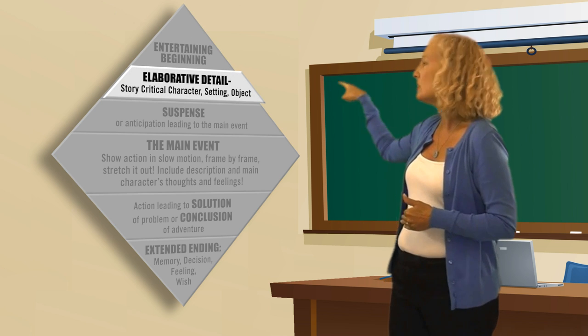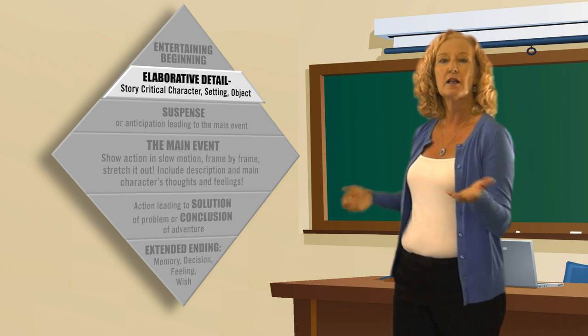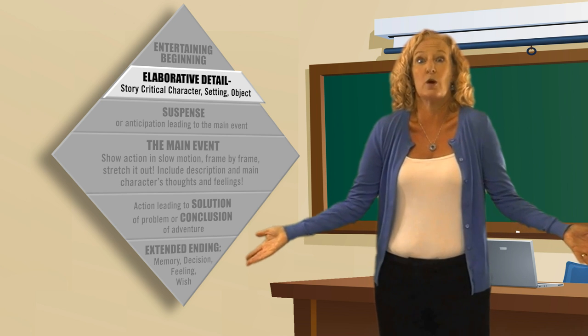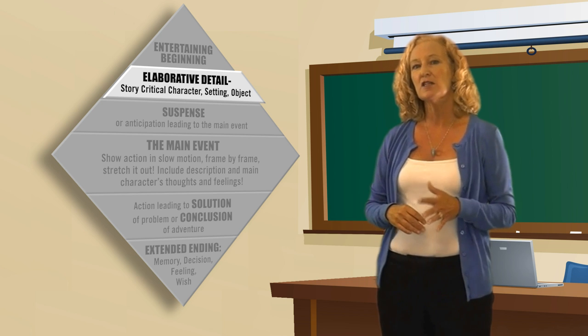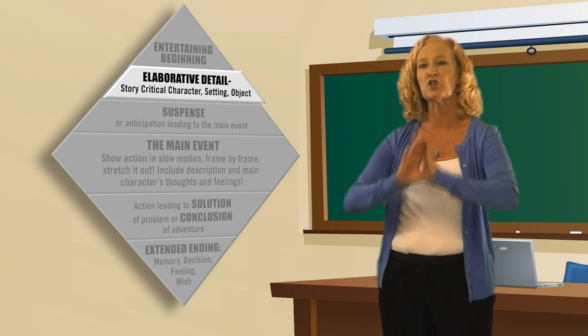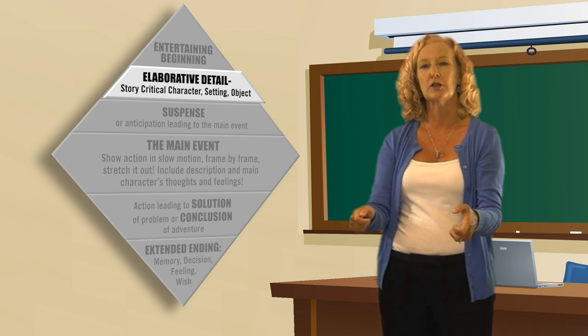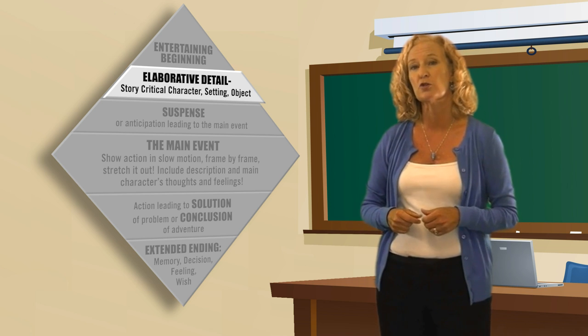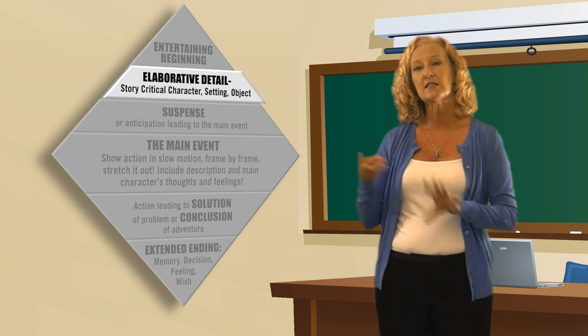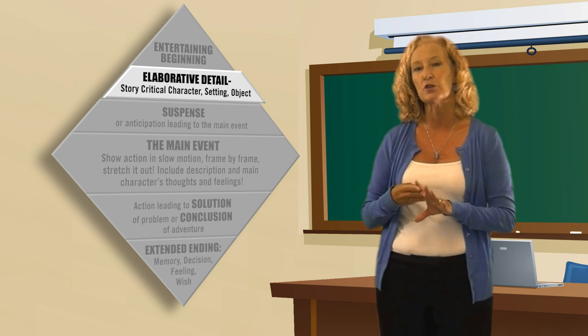Right here, you see that it says elaborative detail. Well, what's elaborative detail? Elaborative detail is the part of the story where the author stops the story action and then describes something that's really important to the story. And there are three things that are usually really important to the story.